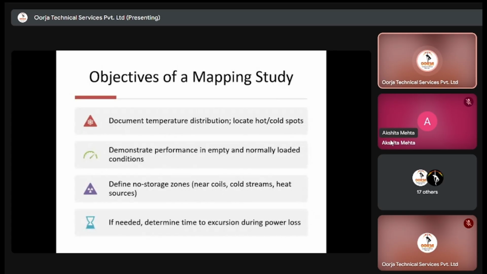So we see how much time the AC or heater will take to maintain the required temperature in that area. The mapping is also used to get that time, which we generally call recovery time.